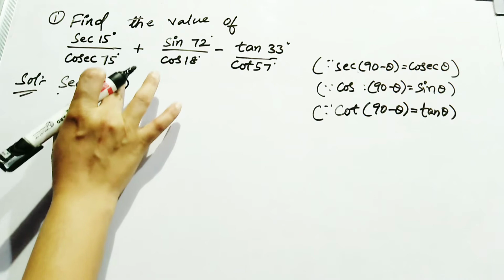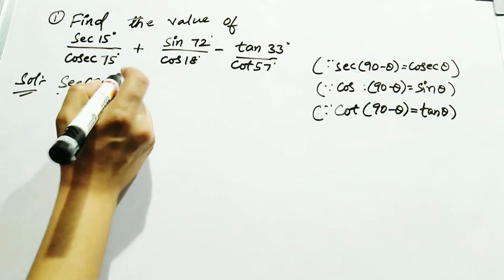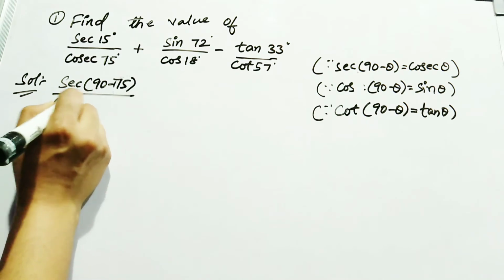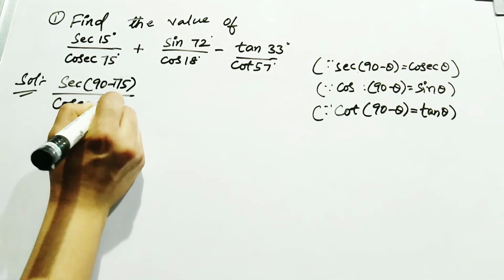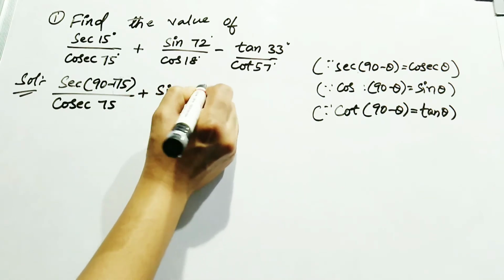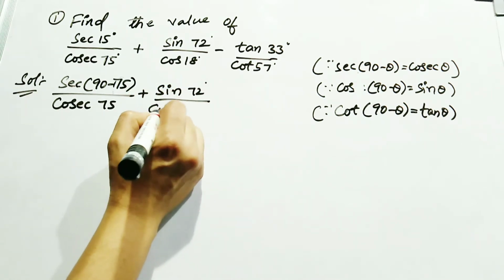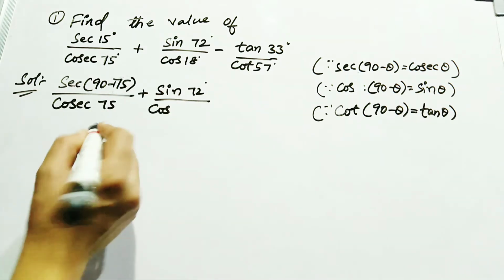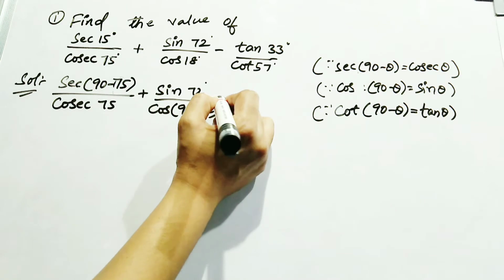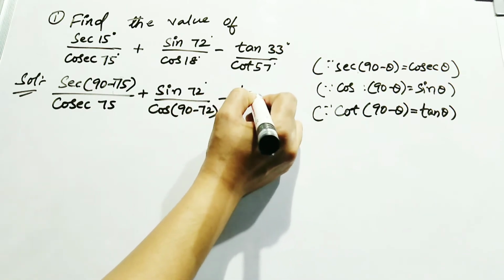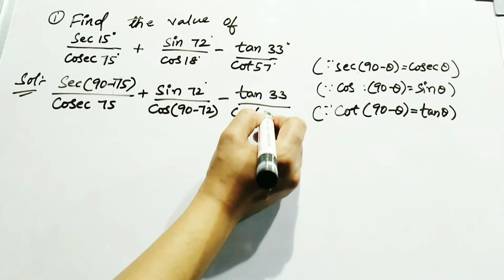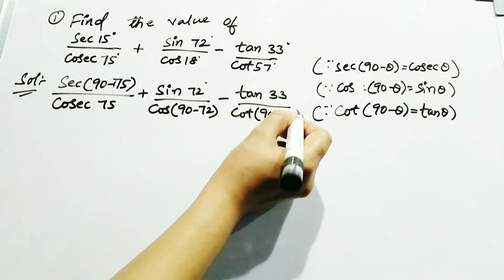What is the theta value? 75. Sec (90 minus 75) by cosec 75 plus sin 72 degree upon cos. Cos you are converting into 90 minus theta, cos (90 minus 72) minus tan 33 upon cot (90 minus 33).